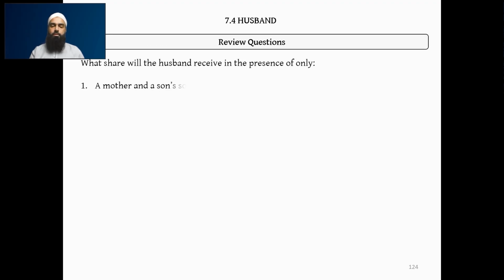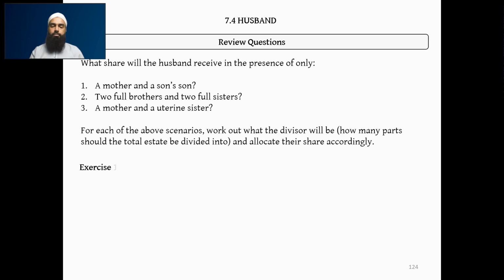So let's just do some review questions. We have these scenarios. Exercise 1, husband, mother, son's son. Now to reveal the answer, husband receives a quarter, mother receives a sixth, and son's son will be the agnatic shareholder. So now we have a quarter and a sixth, from 2 different groups.